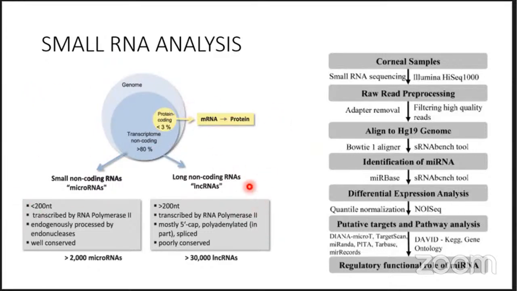We are then left with the small RNAs: microRNA, piRNA, siRNA, all the kinds of non-coding RNA. If we do poly A tail enrichment, we get the mRNA, and the other fraction we can use for non-coding RNA.